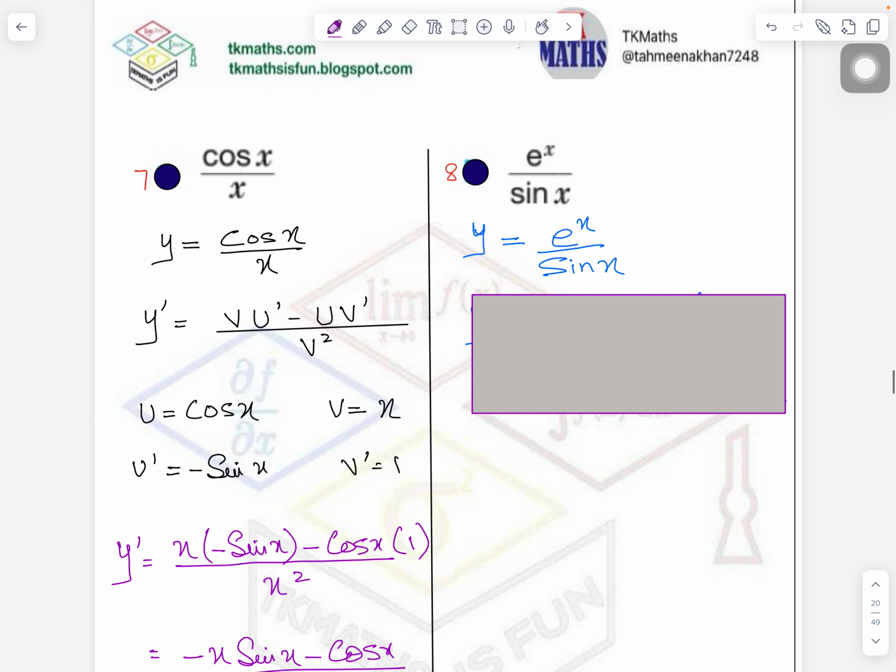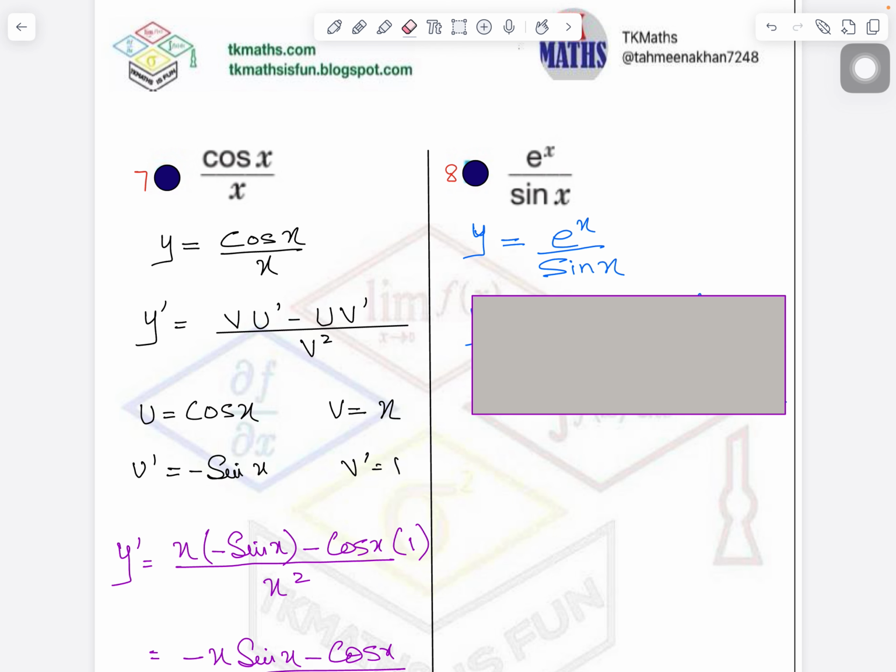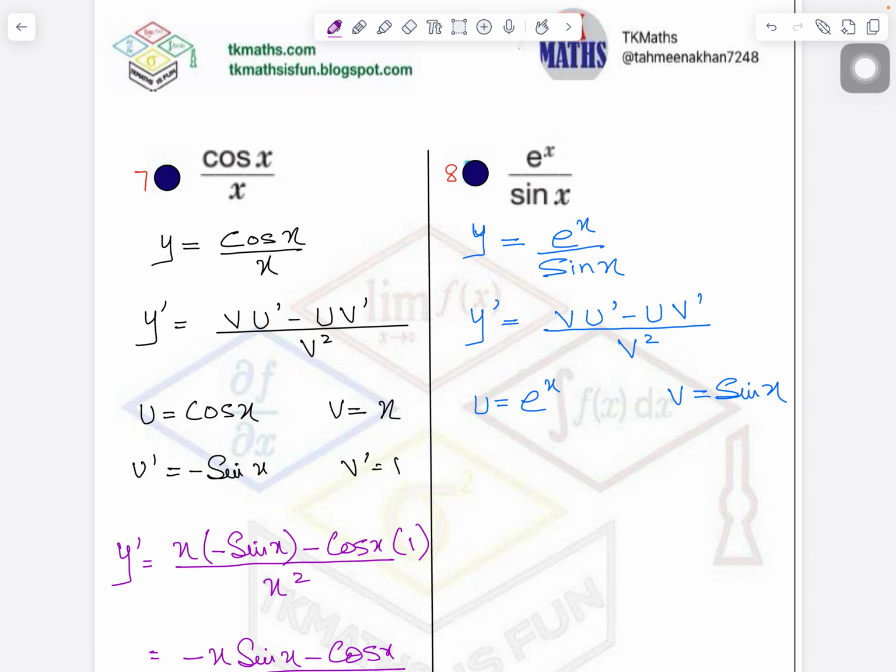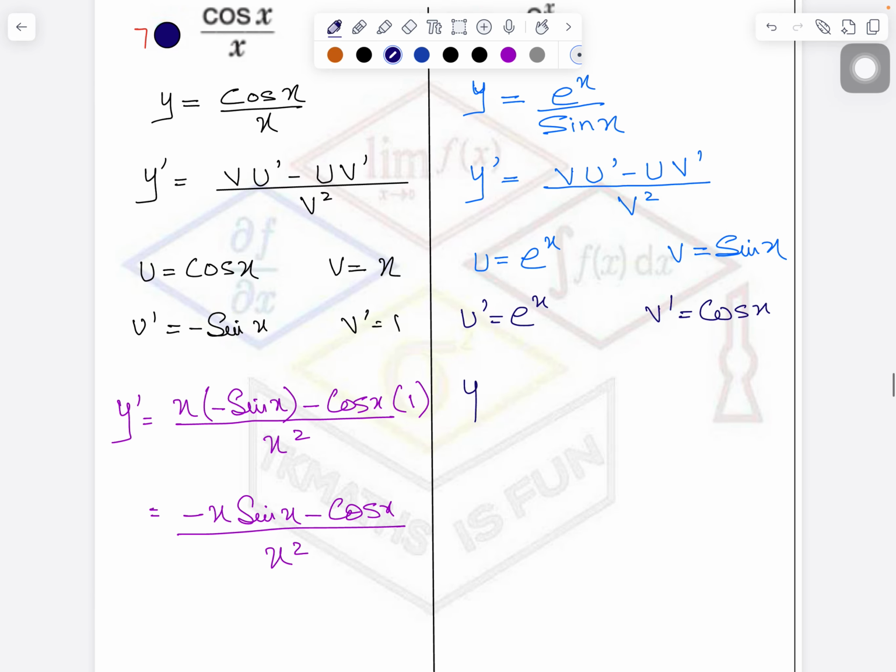Okay, so now this one, I have just written a little bit so that we can save time. So differentiation of this will be e power x and differentiation of sin x is cos x. So I will apply the product rule here and I get sin square x.